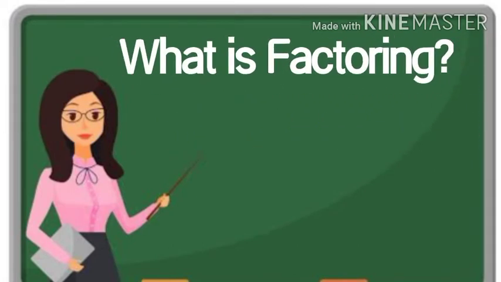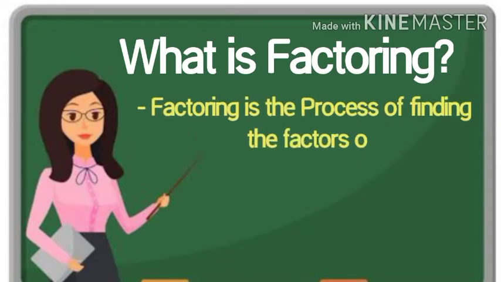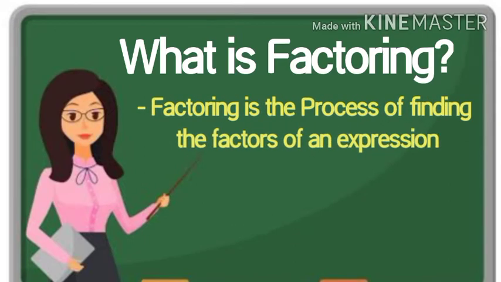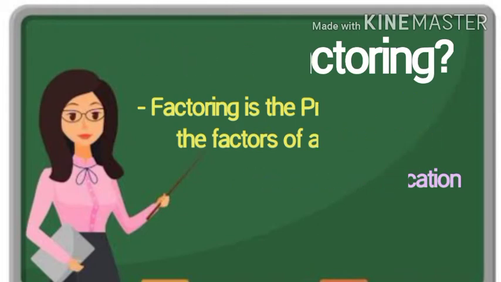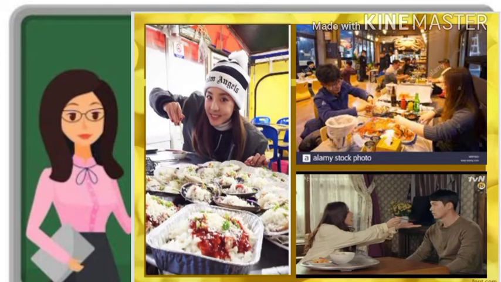What is factoring? Factoring is a process of finding the factors of an expression, or we can simply say that it is the inverse process of multiplication. Look at these pictures. Can you identify the common things that are present in the three pictures?